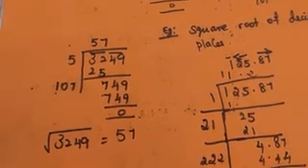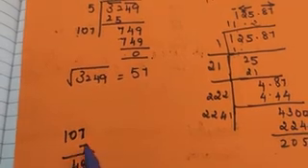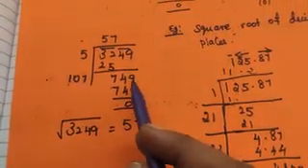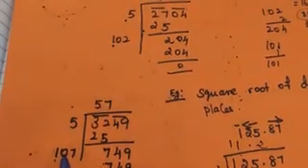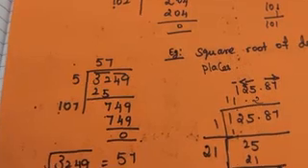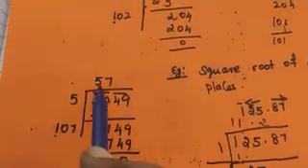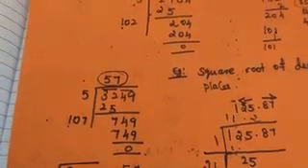With 7 if you multiply, 7 7s are 49. The last number is the clue for us. So 7 7s are 49, we know that. So 107, so 7 we got. 57 is the square root of the given number. Whatever quotient you get, that becomes the square root of your given number.